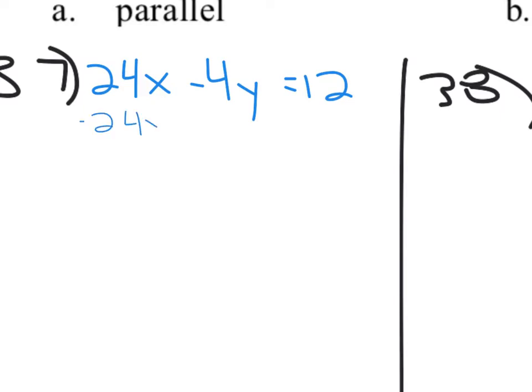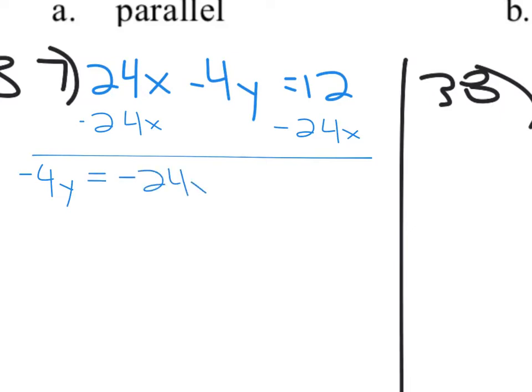So we subtract 24x from both sides, and we get down to negative 4y. That's the only thing that's left on this side. Negative 4y equals, we always put the x's first, negative 24x, and then plus 12, because that's what's written there. And we need to get it to say y equals, so we divide both sides by negative 4.